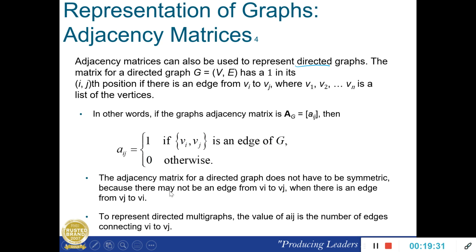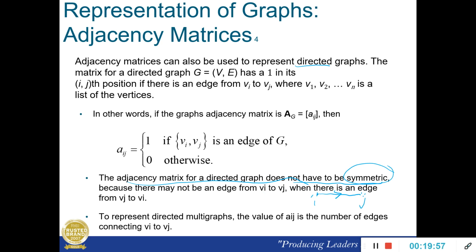So the adjacency matrix for a directed graph does not have to be symmetric, because there may not be an edge from Vi to Vj even where there is an edge from Vj to Vi. So remember, directed does not have to be symmetric. Remember, in a directed graph, you have an arrow.